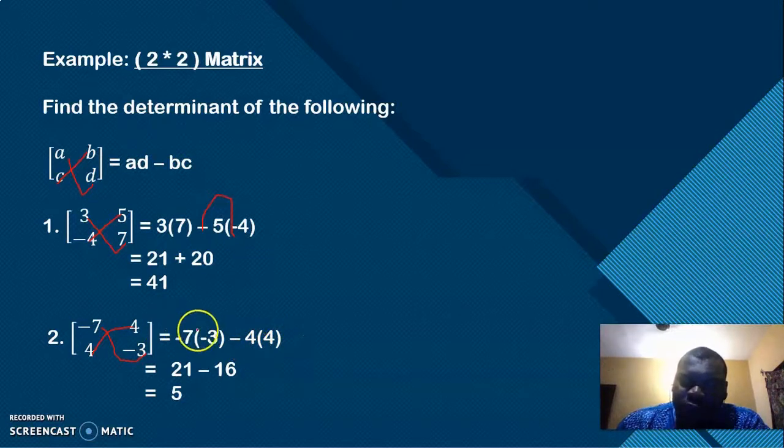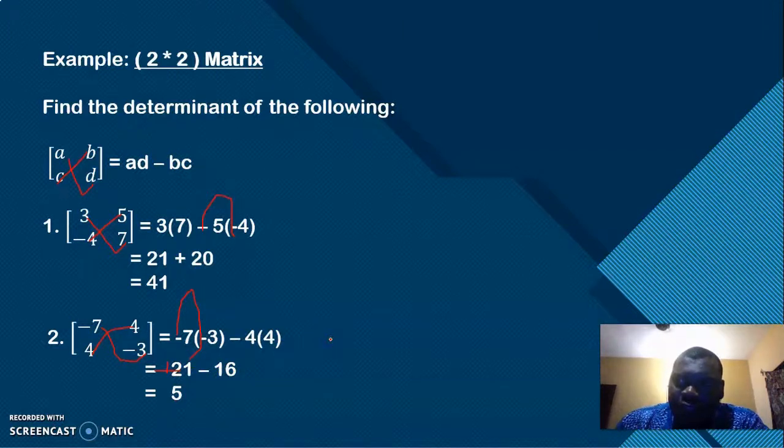So minus 7 times minus 3, minus times minus gives us plus 21. Then minus 16. So it's just 21 minus 16, and that gives us 5.